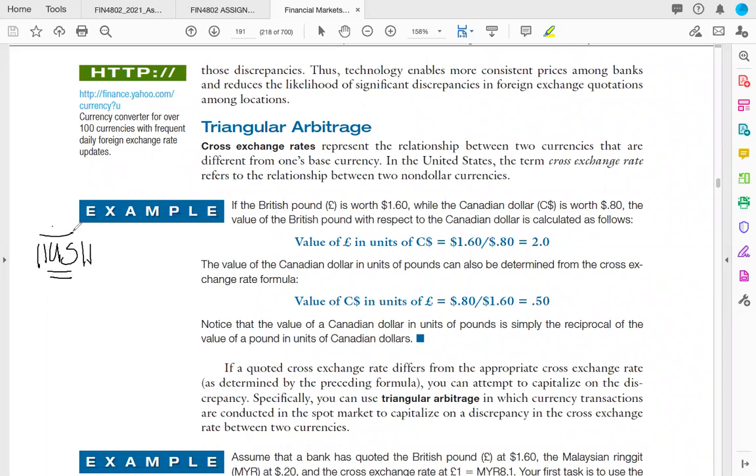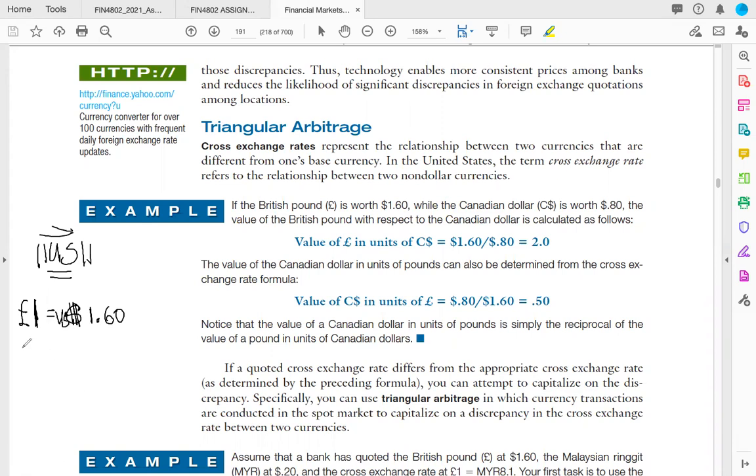And let's say in the US, if you go to a bank, you are told that £1 is worth $1.60. We're not dealing with bid-offer spreads here. Let's just keep it simple for now.